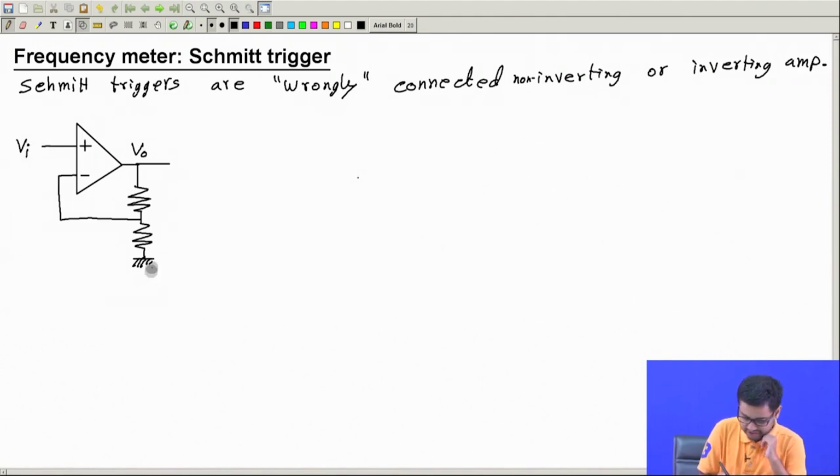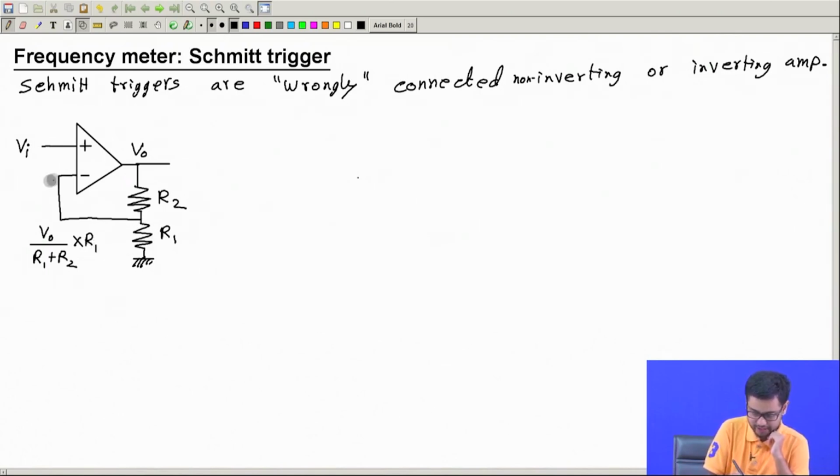So input is here, and if I call this as say R1 and R2, then this voltage which is fed back is of course VO divided by R1 plus R2. This is nothing but the current which flows in this branch, multiplied by R1 is the voltage across this resistance which goes back here. Now this is non-inverting amplifier.